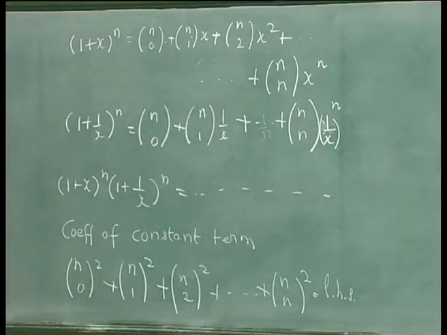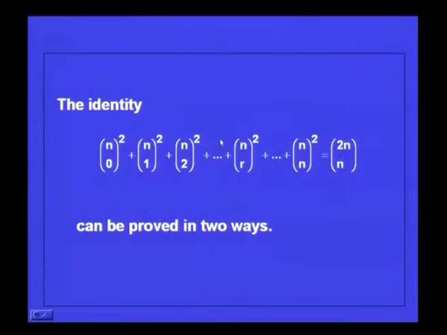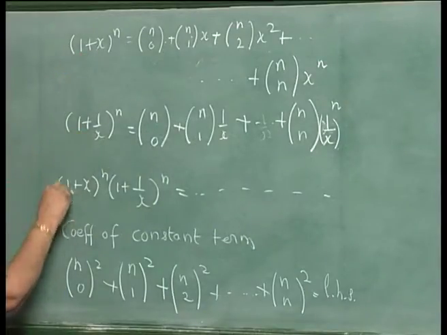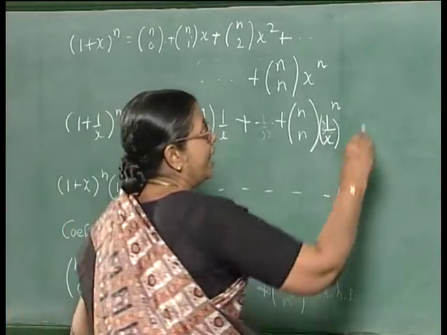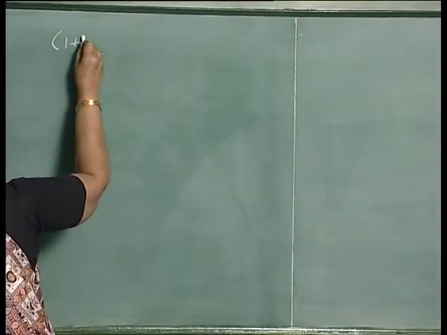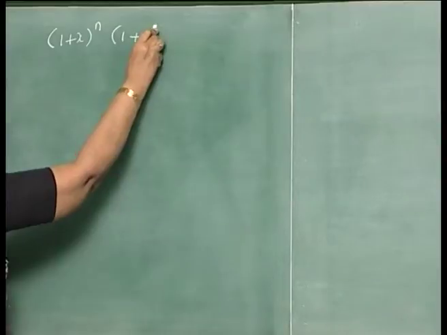So, we want to prove this, that is, this is equal to this. So, by considering this and multiplying out, you get the coefficient of x power 0, or the constant term, as this, which is the left hand side. Now, how do you get the right hand side? You have (1 plus x) power n, this is what you are considering, right?